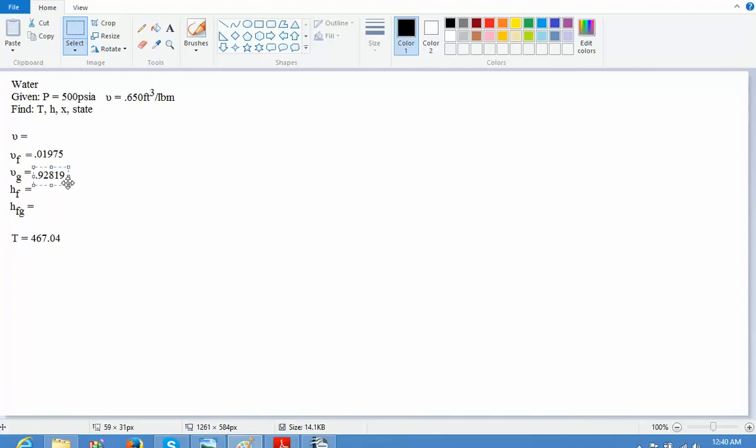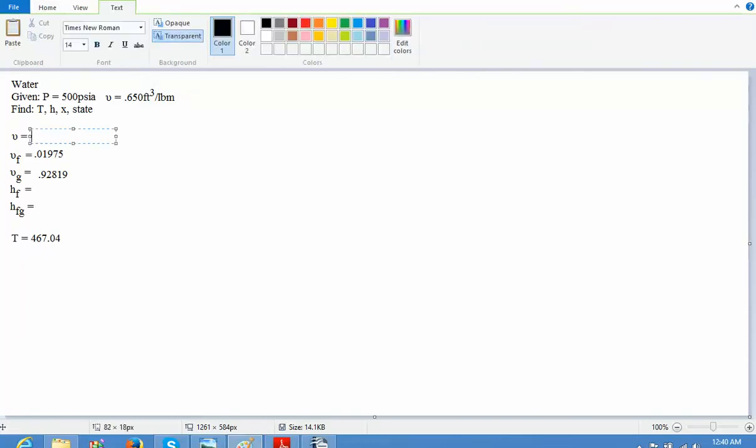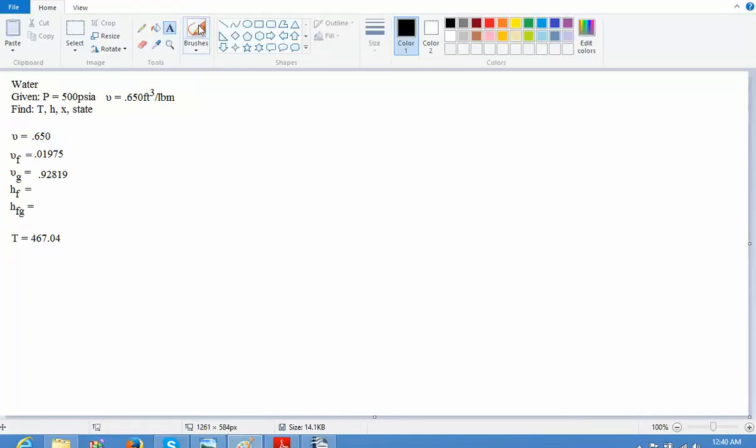So we're going to use this Vf and this Vg to help us find the quality, because there's a formula that we can use. Oh, I forgot to put that in. One second. We already know what this is, so let me put that. Okay.